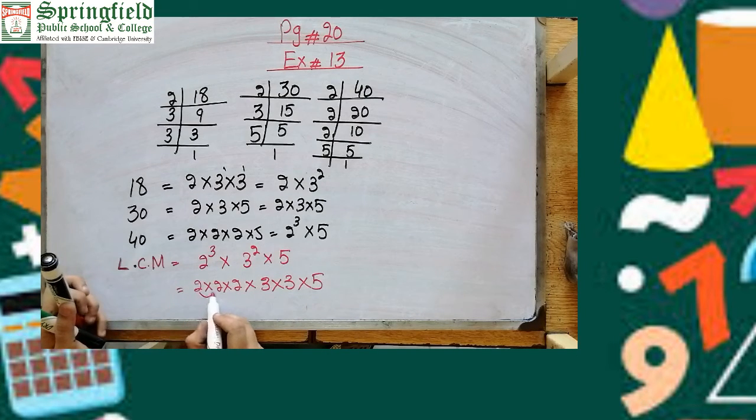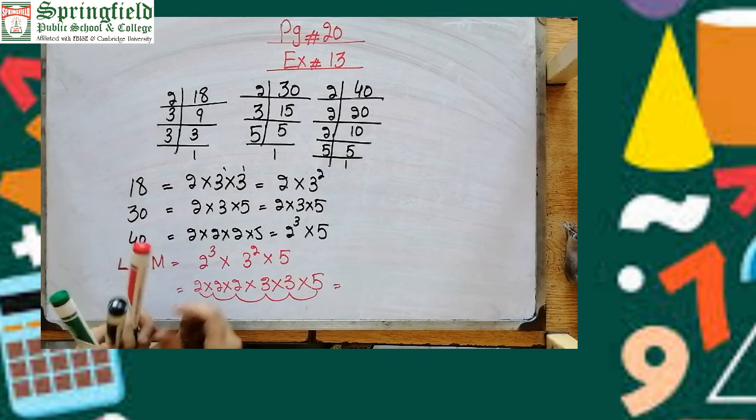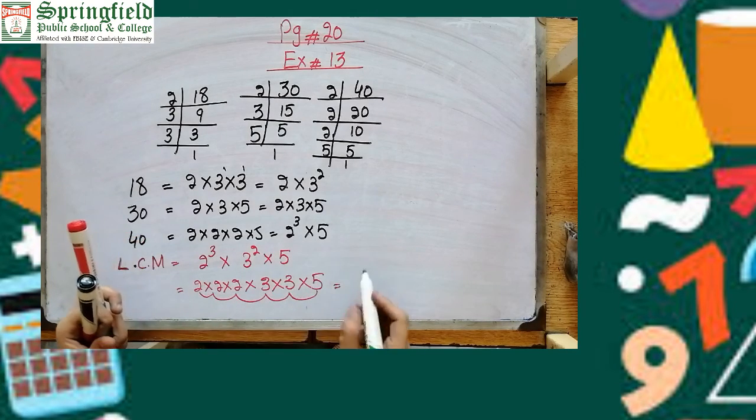So when we multiply all the numbers, you will get 360.